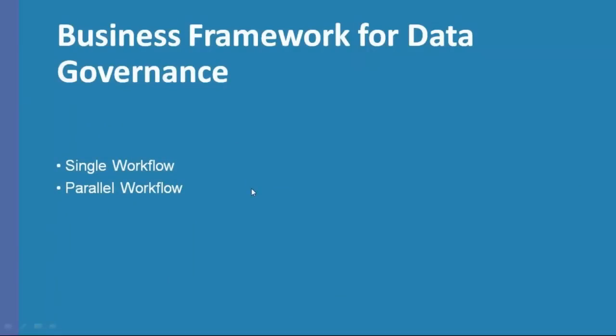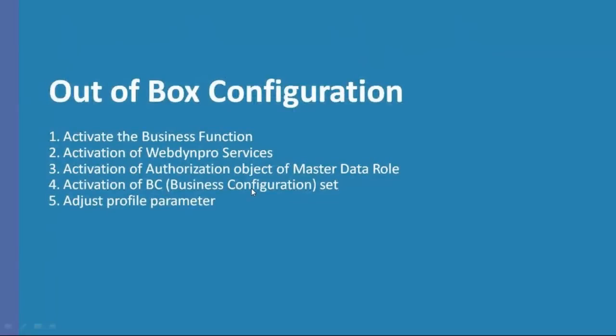And then continue with the out-of-box configuration as we just discussed: activate business function, activation of web services, activation of authorization object, activation of BC set, and then adjust profile parameter categorically for the material master.